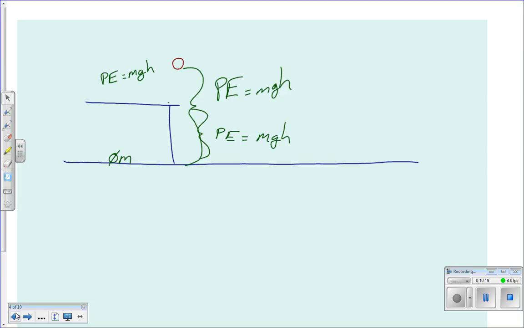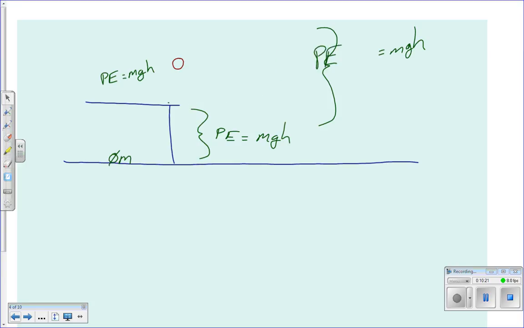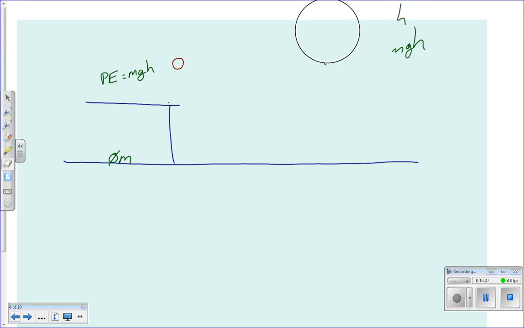If we get rid of this stuff here, if we pick this object up to this height and then drop it from this height, right here it's got some potential energy, and if we're holding it, it's got no kinetic energy.